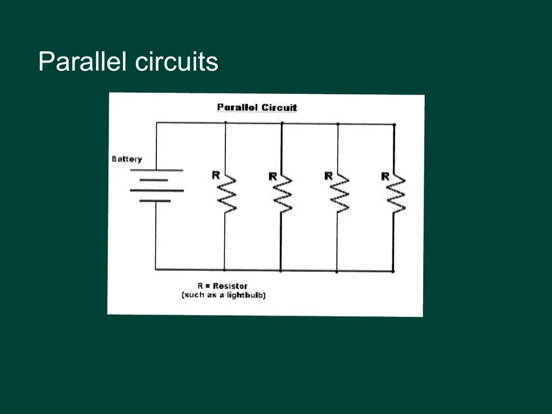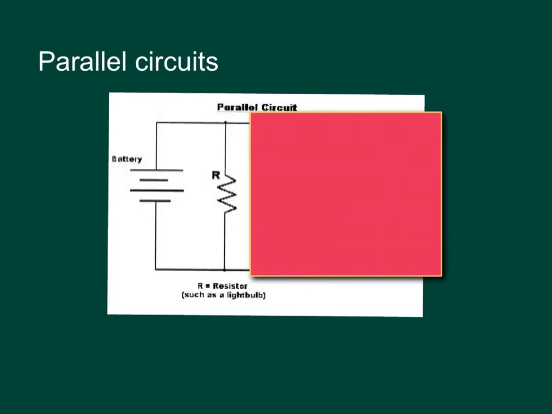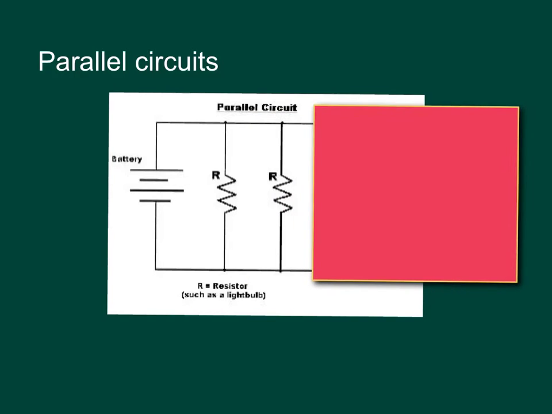Okay, and then parallel circuits actually, on the whole, have less resistance, because this is like being at the grocery store. If we only had one checker open, so let's say that all of these were closed, you could only get through that line. But once we open another line, now we can get through faster.